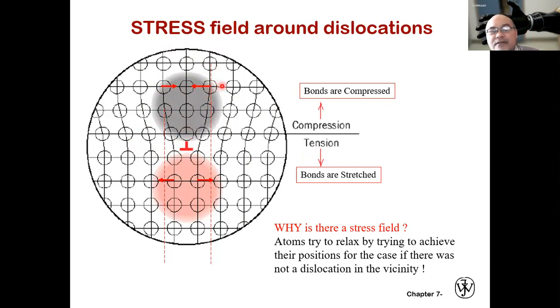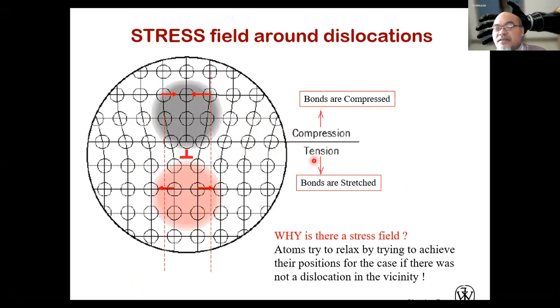So then what we will have is the bonds here are being compressed. On the lower part, on the other hand, we will have a further distance between the atoms. So in different words, the atoms in the lower part are being stretched. Okay, so above the dislocation line, we have a compression region, while below the dislocation line, we have a tension region.